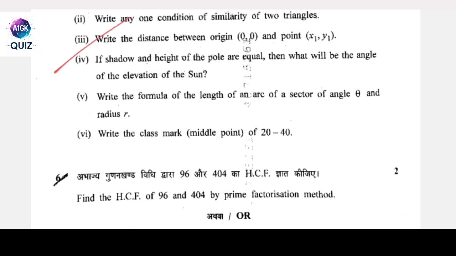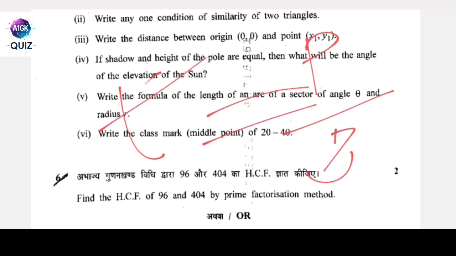Fourth: if the shadow and the height of the pole are equal, it means the pole and its shadow are equal, so the ratio is 1. Then what will be the angle of elevation of the sun? For finding the angle of elevation, we use the trigonometric ratio, perpendicular upon base, that is tan theta.